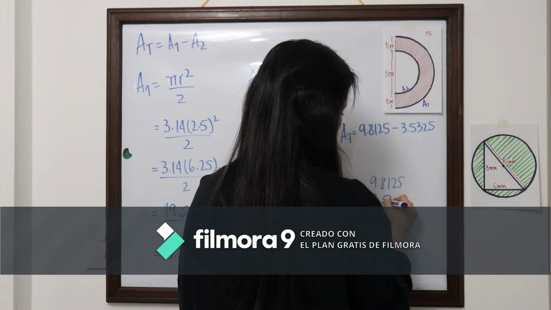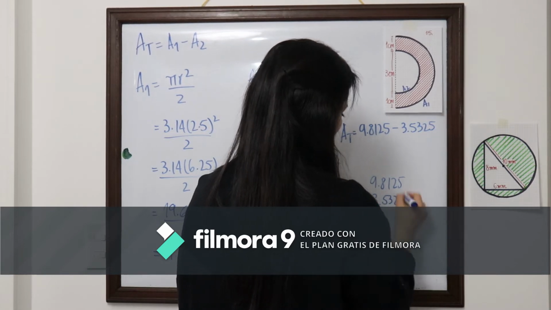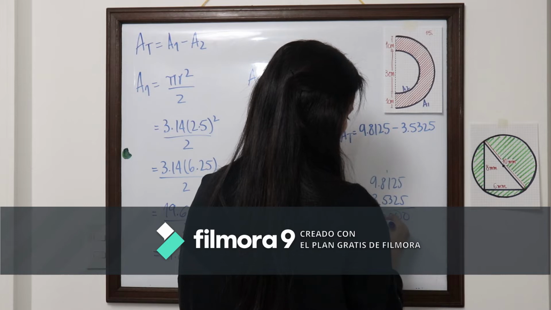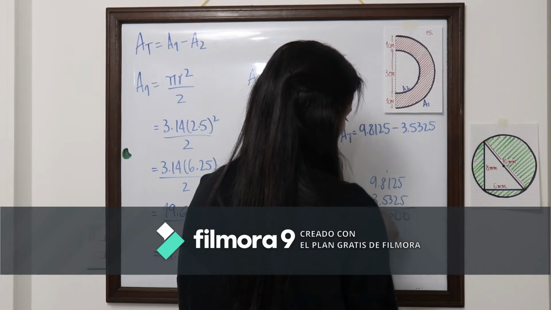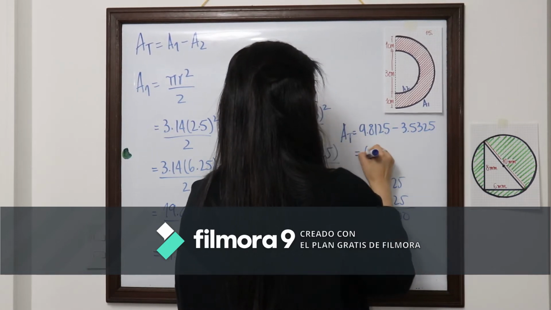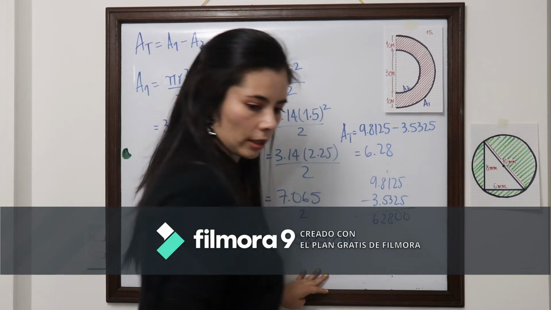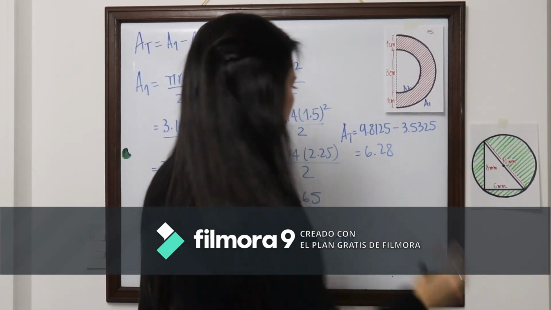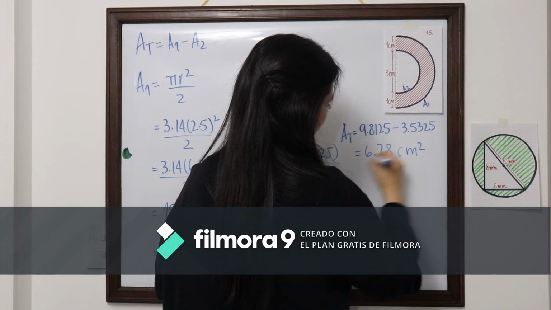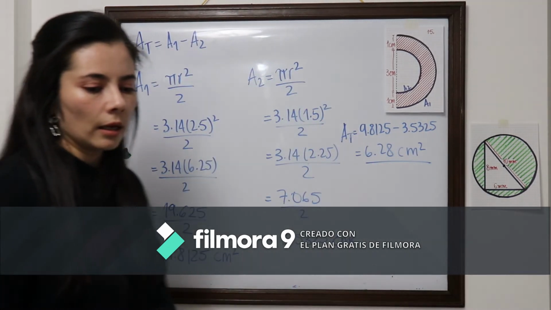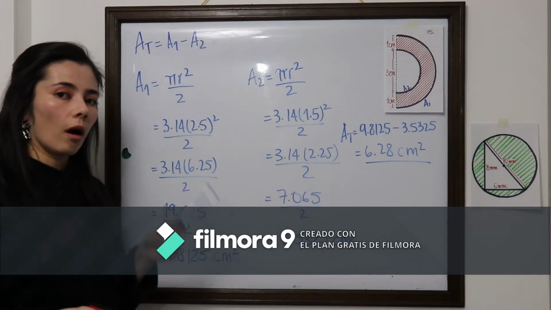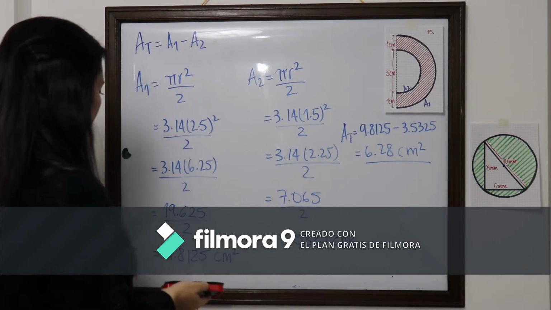If you think about it, I mean, here we're going to get 0, 0. That's going to be 8, and that's going to be 2, and then we're going to have 6 over here. So 6.28 is going to be our answer. Square centimeters, of course. See? That easy. Not really complicated at all if you know what you're doing and if you are organized enough.